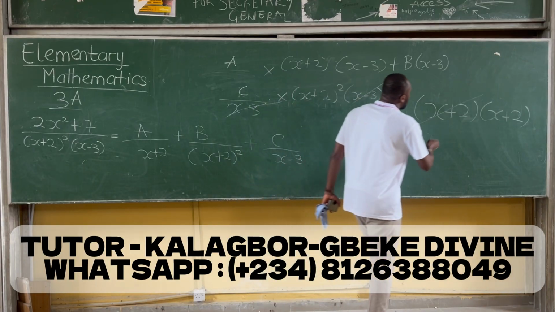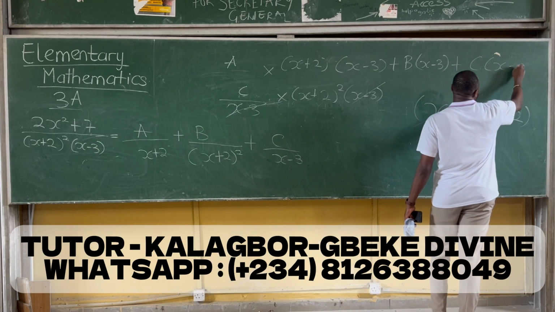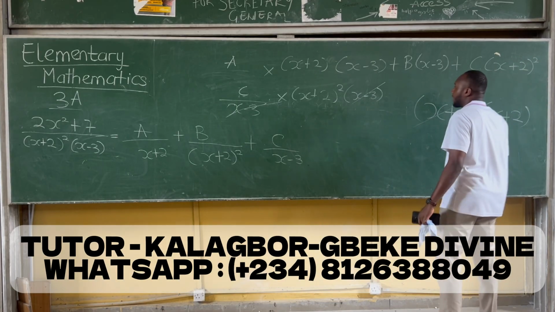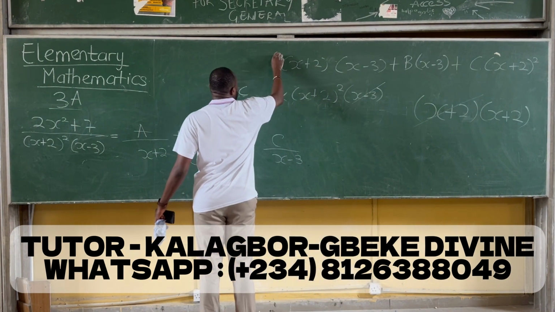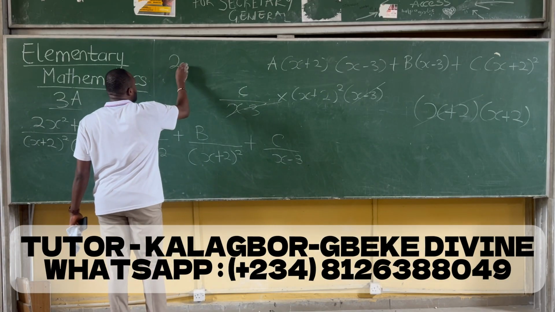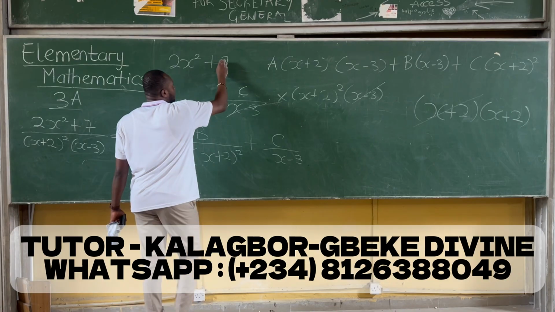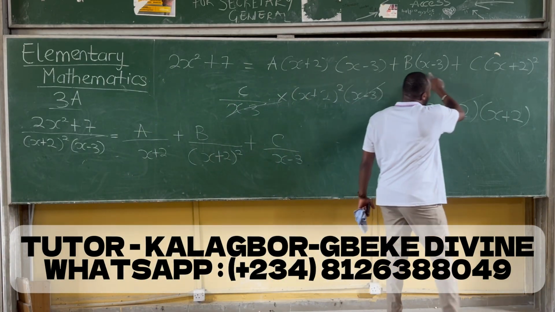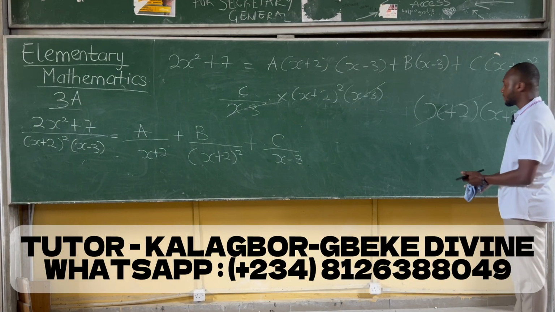So C will be left with x plus 2 squared. All right. So we have gotten it like this. So that'll be 2x squared plus 7 is equal to A times this plus B times this plus C times this. Are you following? Let's proceed.